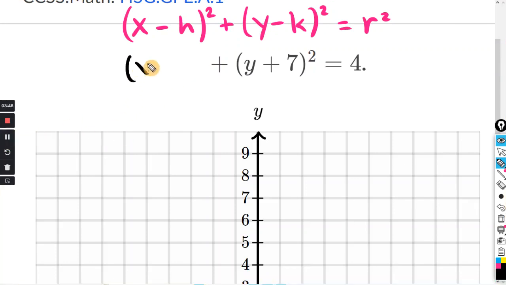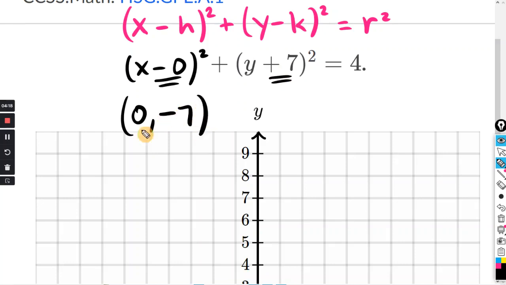So this is going to be (x minus 0) squared. And as you can see, we can line up the h and the k. We can see negative h is negative 0. So basically, just change the plus minus sign, and we can see that the x-coordinate for the center is 0. And right here, negative k is positive 7. Just change the plus minus sign from positive 7 to negative 7.